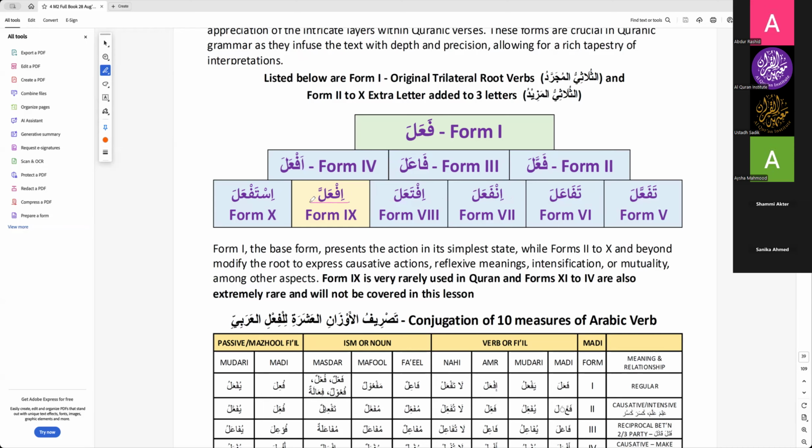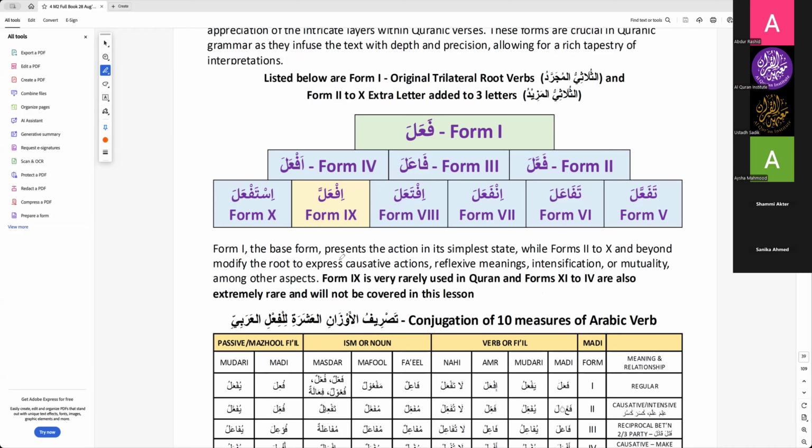Form 9, if'alla. And form 10 is istaf'ala. So you make a note, and of course you will be required to memorize some of these at the end before the lesson finishes. There will be some memorization to do as well. So basically, just an introduction at the moment from 1 to 10.